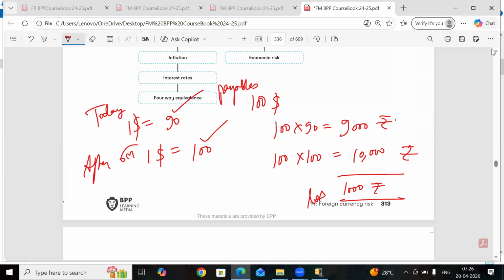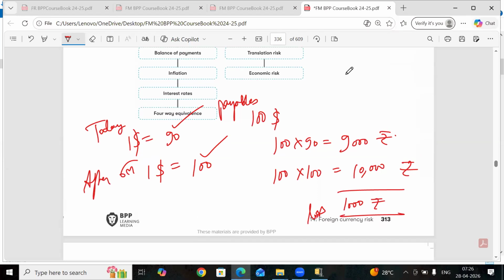What does it mean? It means here your liability, here it is a payable, right? Liability is increasing because your foreign liability value is increasing.